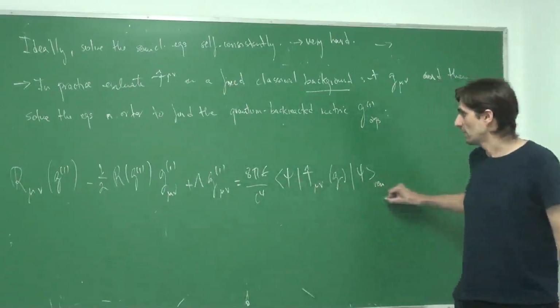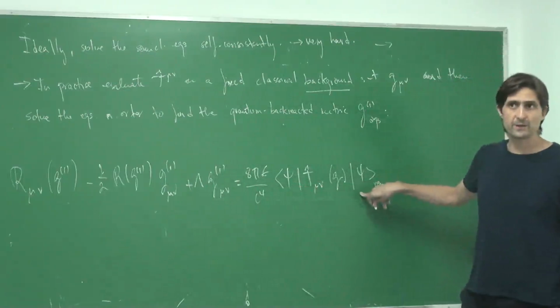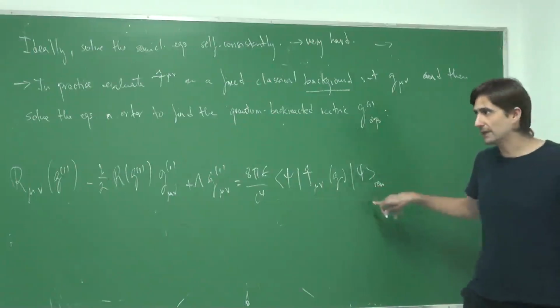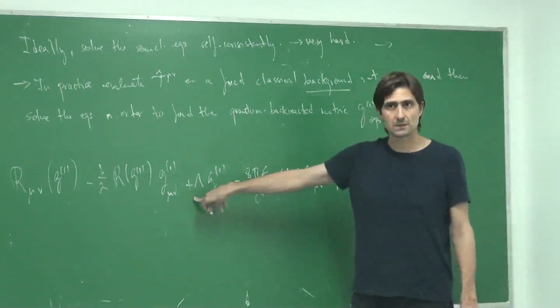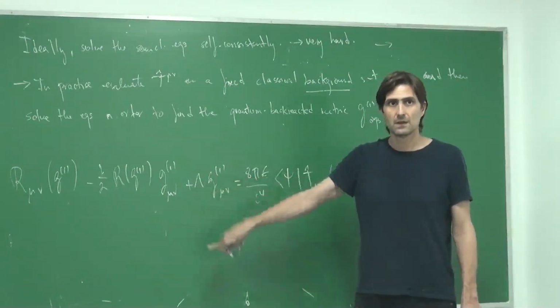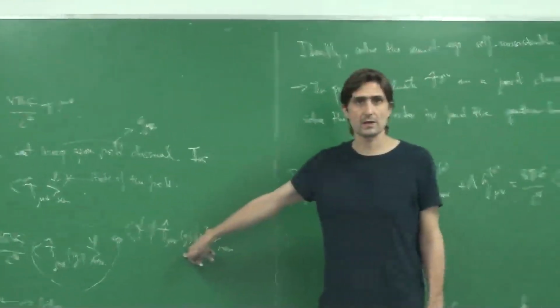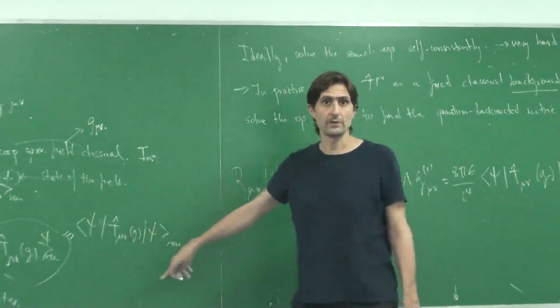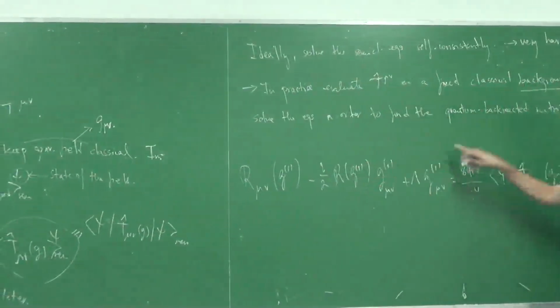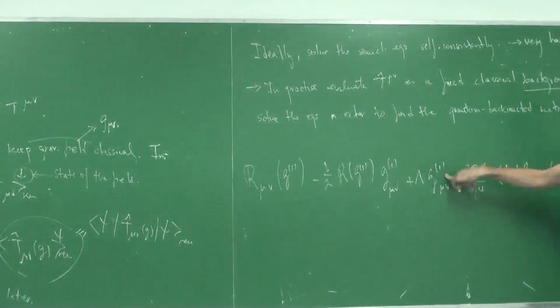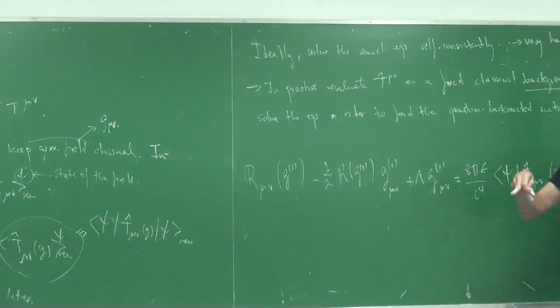Now, just calculating this for a black hole spacetime is already very hard to do. But if you manage to do that, then the next step would be to solve the full equations perturbatively. You could then find g1, calculate the stress energy tensor of that g1, find the g2, and keep doing this.